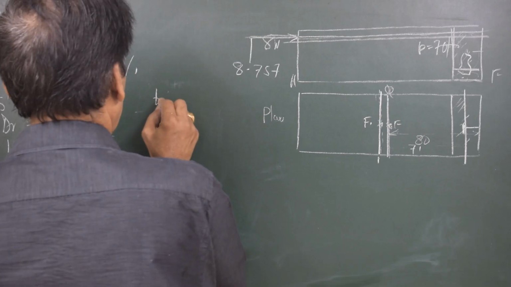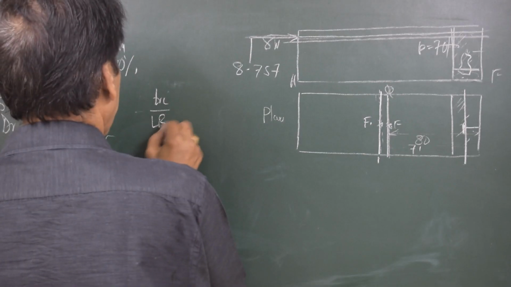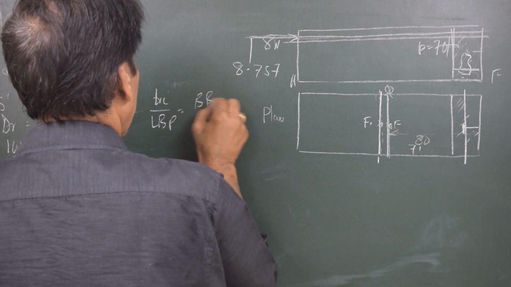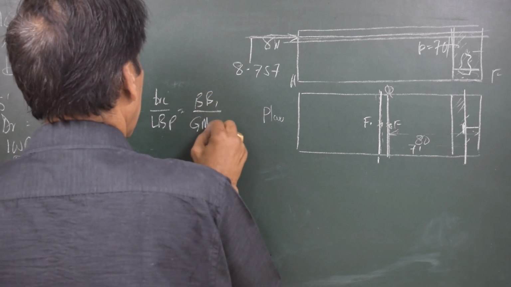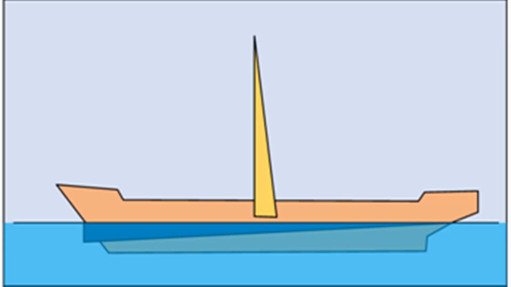We have the formula trim change upon LBP is equal to BB1 upon GML, which is approximately equal to BML.